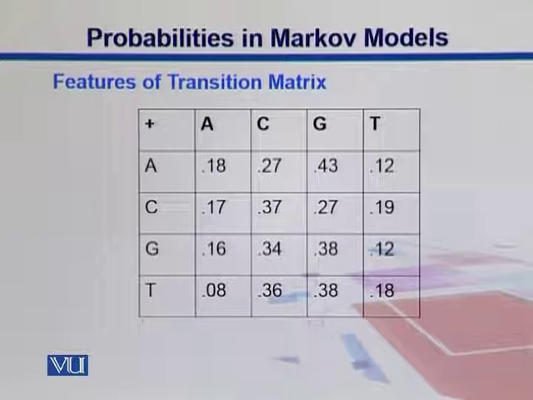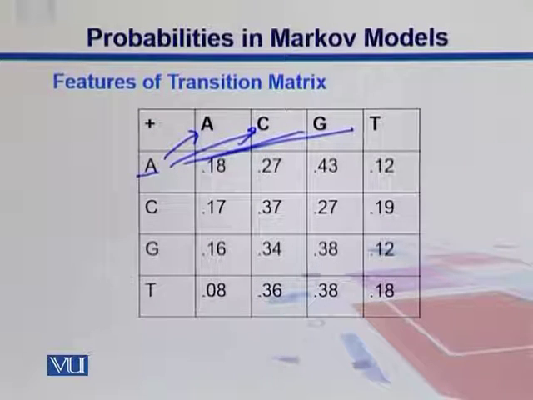So here is how an A follows an A. For example, here is an A, and we look into how many times it is followed by A in a sequence, and then how many times it's followed by C, and the same way G and T. If we sum them up here, that will be equal to 1. The same way we can do that for the rest of them. In this way we can have different probabilities, and we put them together into this transition matrix.